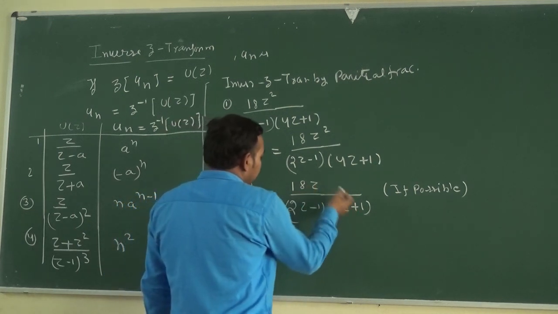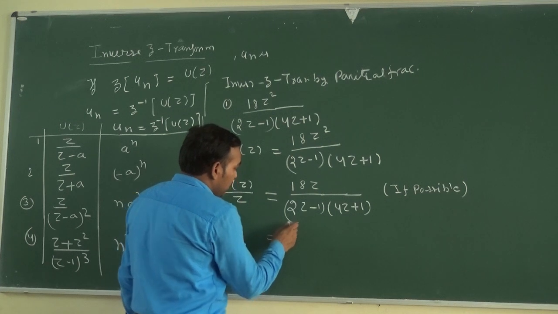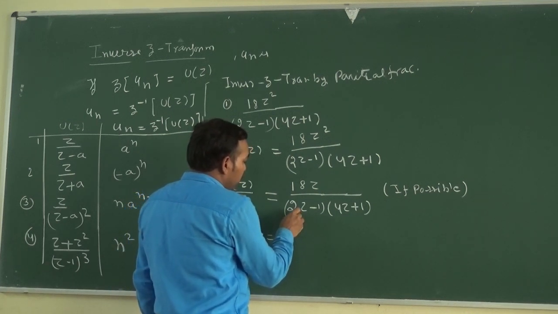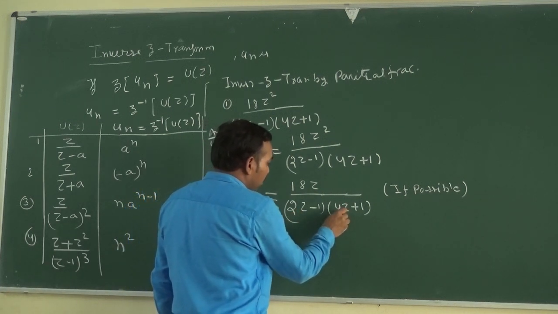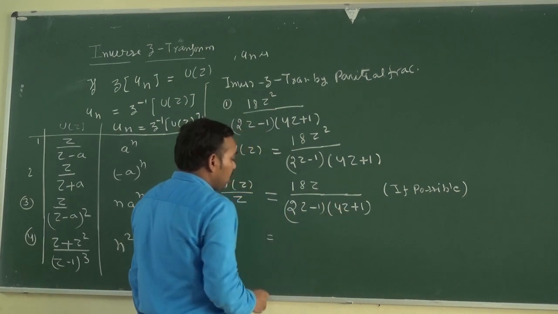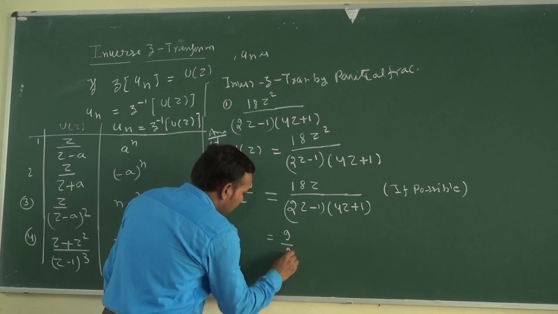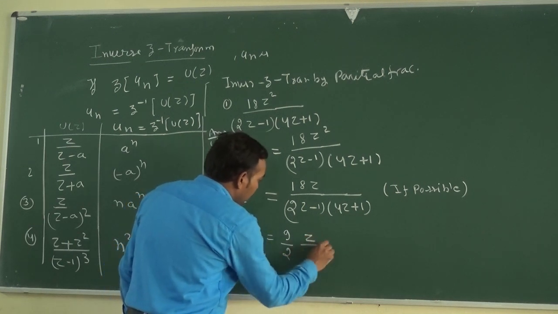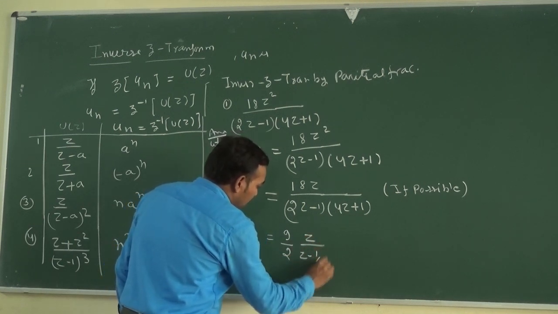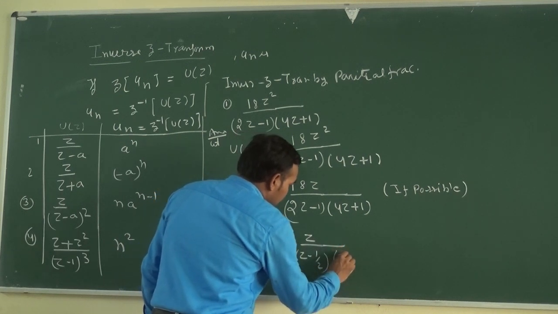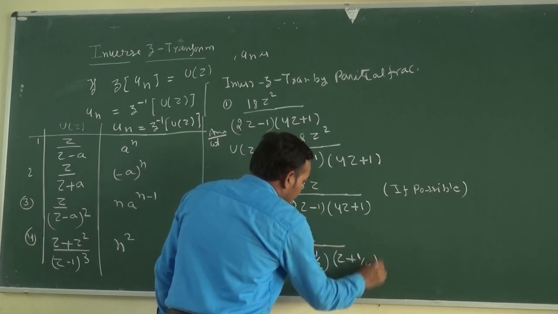Also, this expression is written as follows: take 2 common from one factor and take 4 common from the other, it will come 8, so you can write 9 upon 2 times z upon (z minus half)(z plus 1 upon 4).